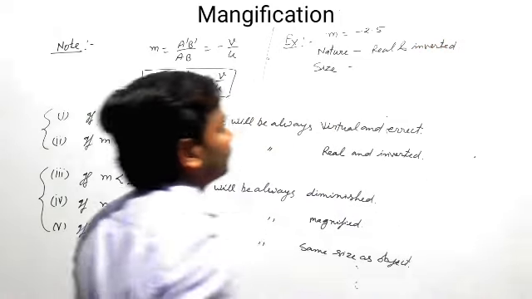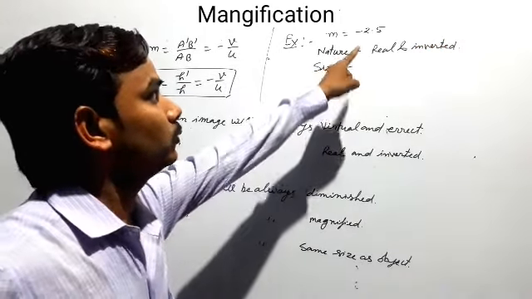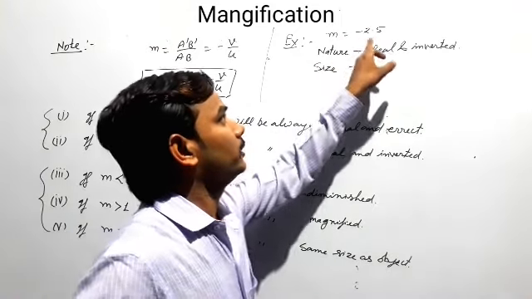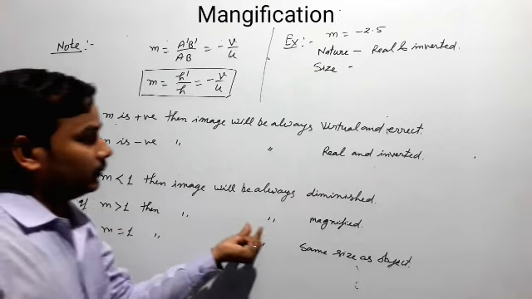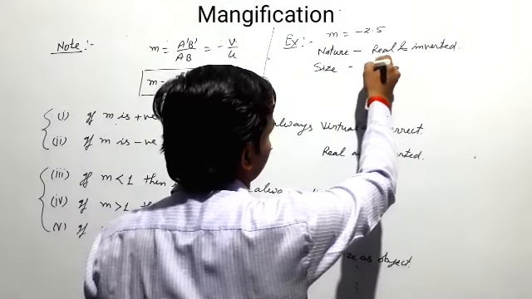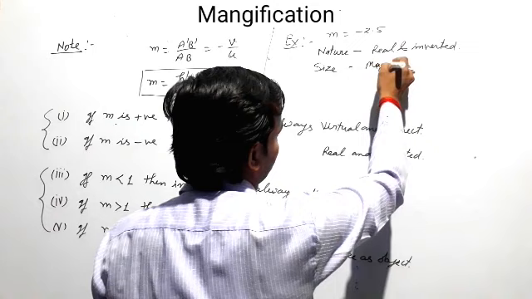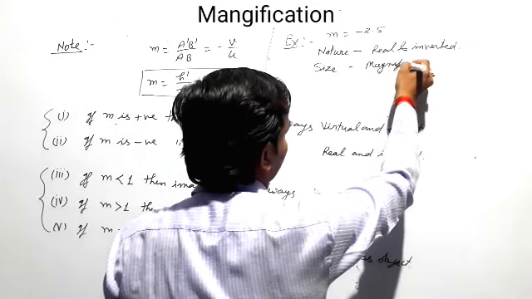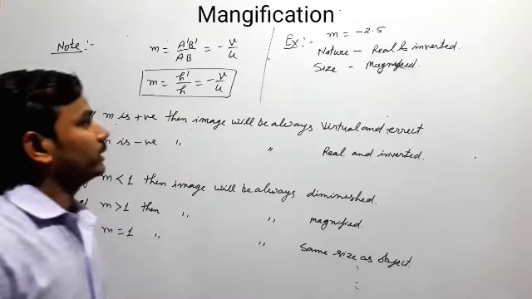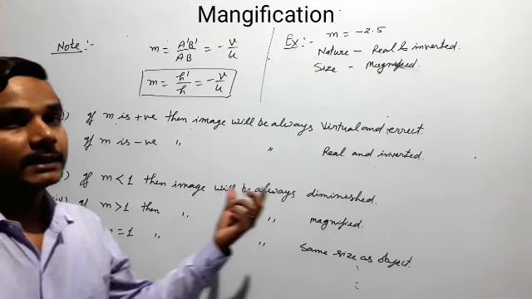Okay, now the magnification is greater than 1 because the numerical value is 2.5, so it is greater than 1, so image will be magnified. Okay, so in this way we can define nature and size of the image.